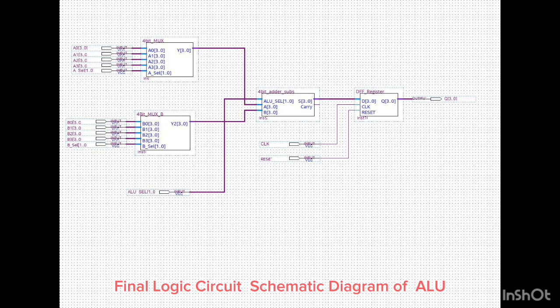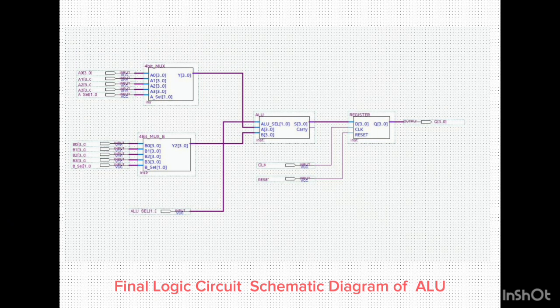The outputs from the multiplexer along with the ALU select signal are connected to the adder subtractor block. The clock and reset signals, along with the 4-bit outputs from the adder subtractor, serve as inputs to the register. On each clock positive edge, the register captures the input data and outputs it as the final ALU output.